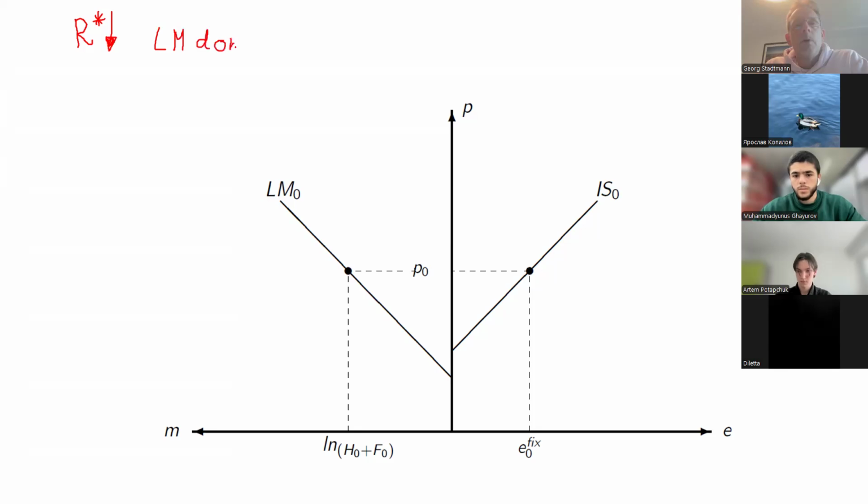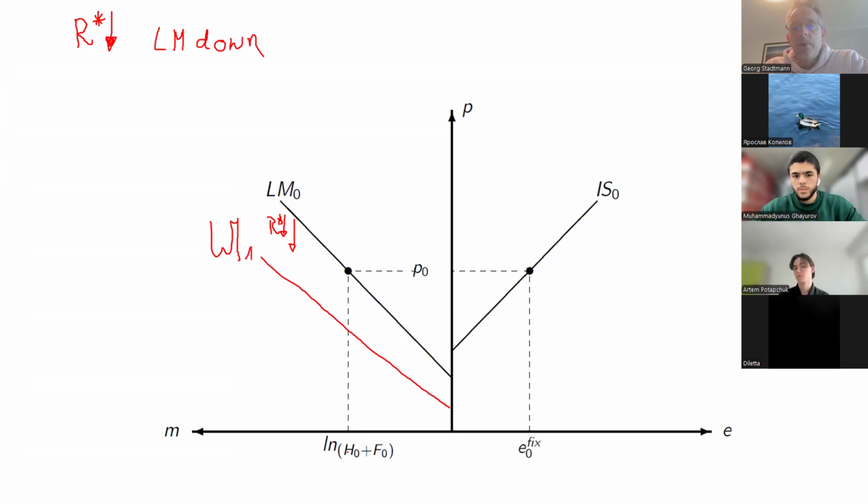And now we are more or less done. So the LM curve shifts down because R star decreases. So this is LM1.